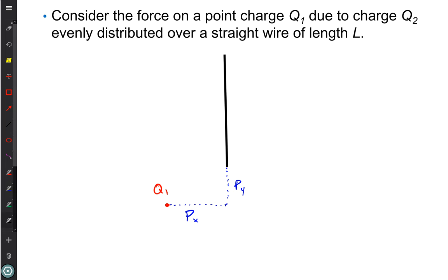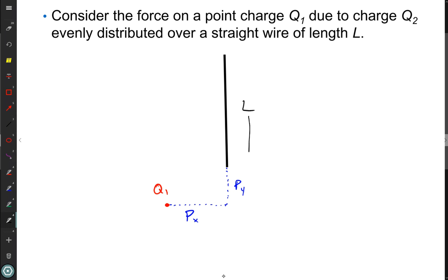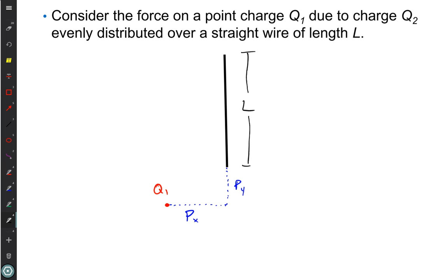The wire has a length of L with the charge Q2 spread out over it. And my origin is, again, I'm going to put it right at the charge. So we want to find the force.